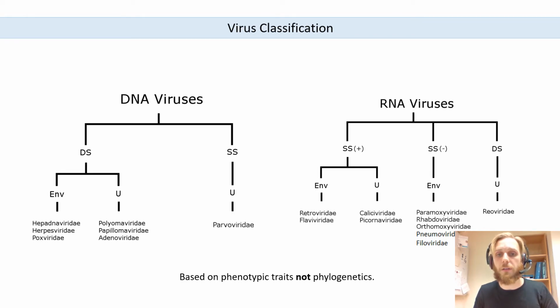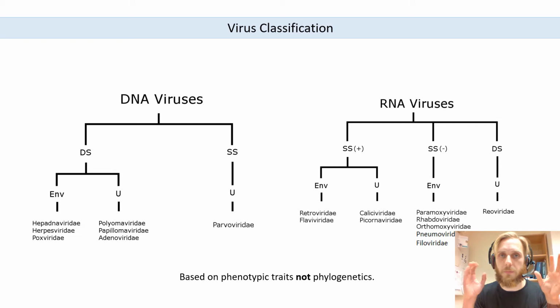You'll see some examples here at the bottom where we have an RNA virus that is single-stranded and positive sense, and it's enveloped. HIV is an example, retroviruses. And then in the unenveloped camp, we have the Picornaviridae. So this classification works. It's really useful.